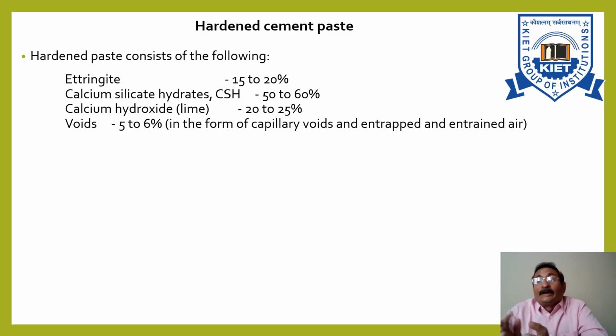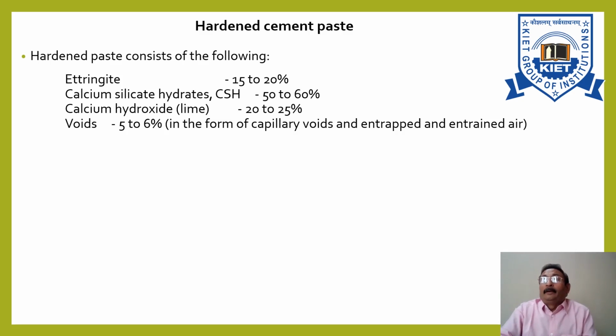It means that increasing the quantity of water does not mean that we can increase the strength, and decreasing the quantity of water to less than 38% also means that the gel pores will not be developed, and due to that the strength for which we had designed the concrete or cement mortar cannot be reached.